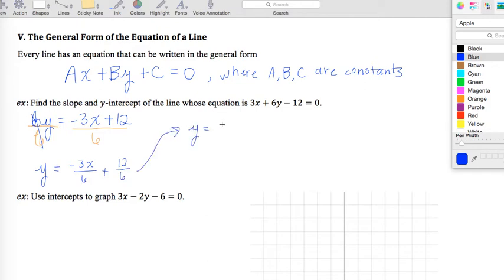The 3/6 is the same as a half. So we have negative x over 2 plus 2. And I would write this as negative a half times x plus 2 because that is slope-intercept form. So then you can read off that the slope is negative a half and the y-intercept is 2.